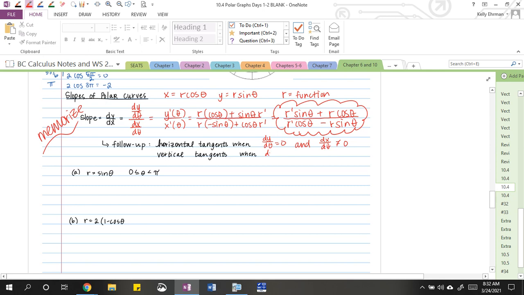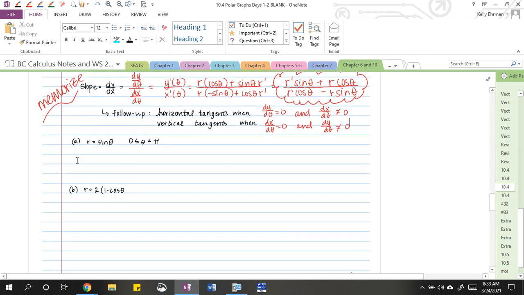Vertical tangents are the opposite. When dx/d theta does equal 0, the denominator equals 0, but we can't have dy/d theta equaling 0. So when you're asked, the directions are to find points of horizontal and vertical tangency.